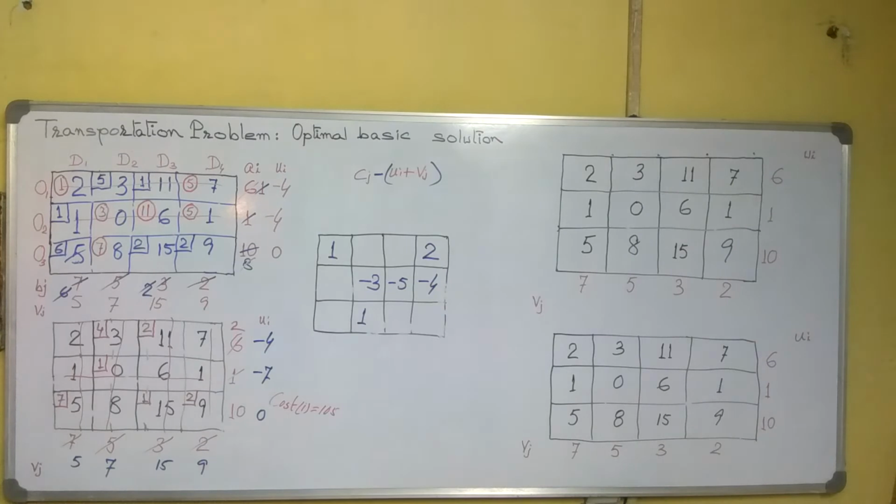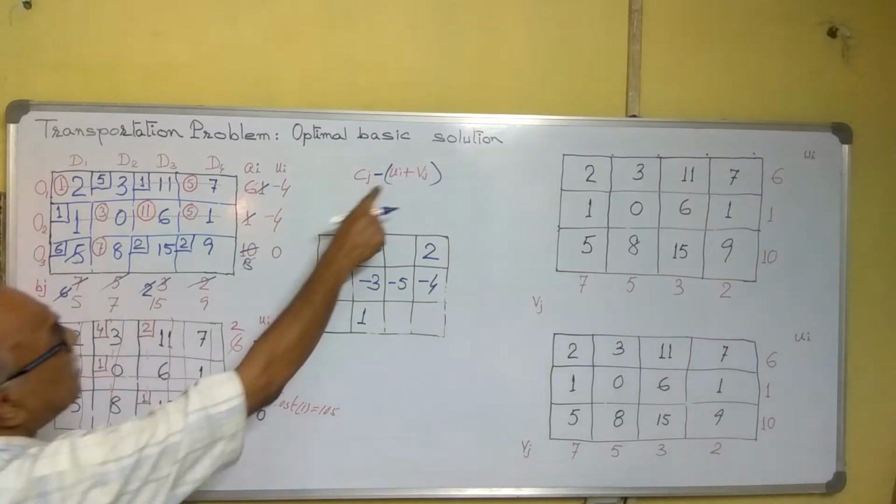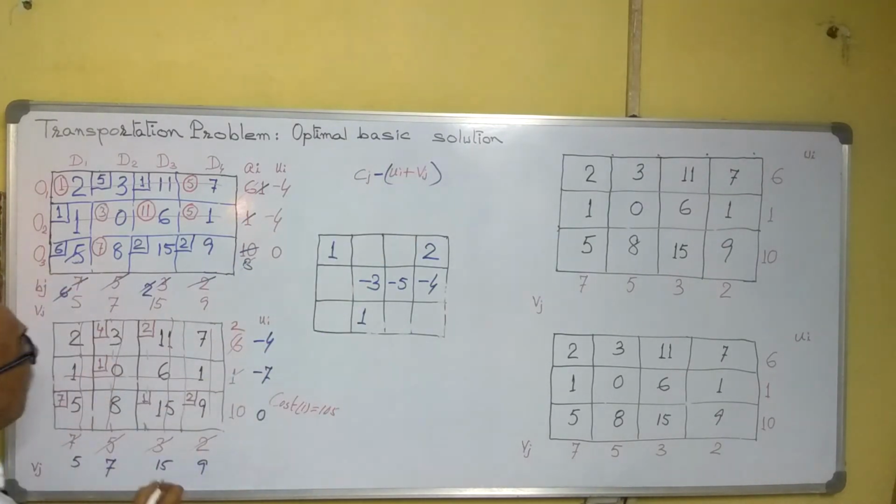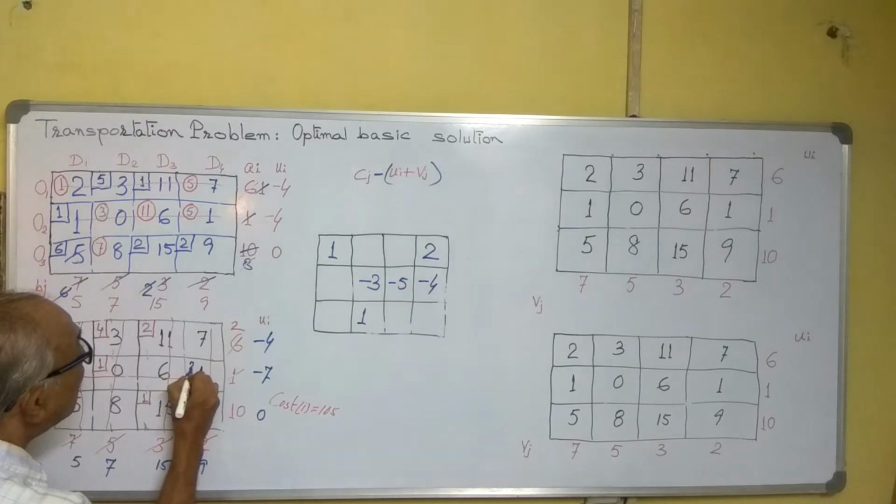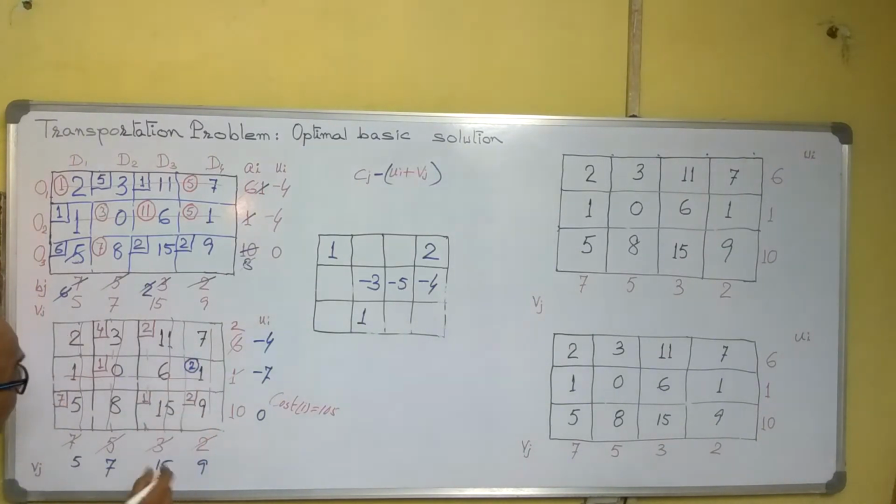Now once again for unallotted cells, see carefully, for unallotted cells you have to write Ui plus Vj. For here this is 9 minus 7, that is 2. Put it in a circle such that no mistake is there. 9 minus 7 is 2.